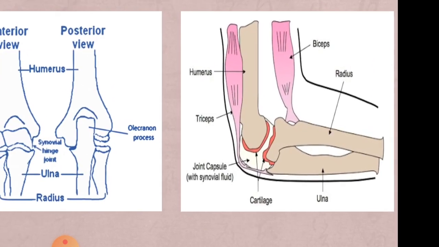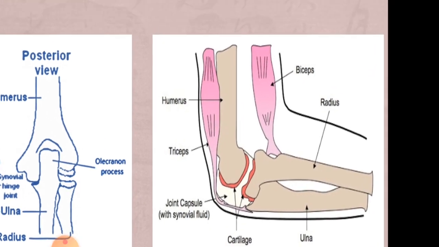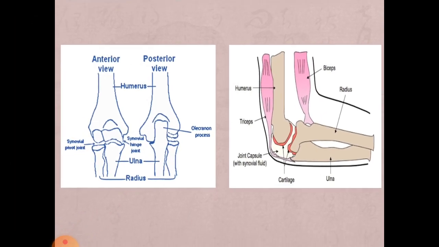So here you have the biceps, the muscle of the anterior compartment of your arm, and the triceps is the muscle of the posterior compartment of the arm. So the triceps will extend your elbow joint while the biceps will flex your elbow joint, and the action of the biceps will be aided by the brachialis muscle.